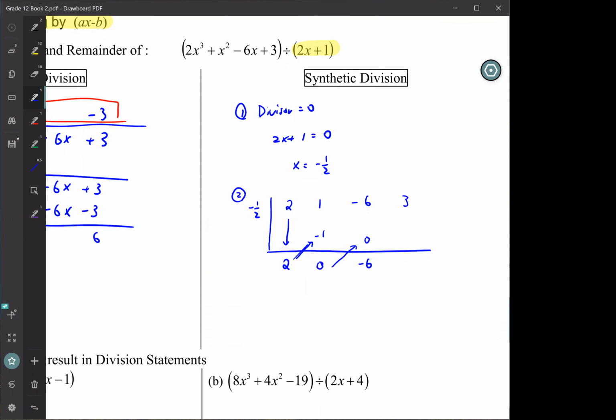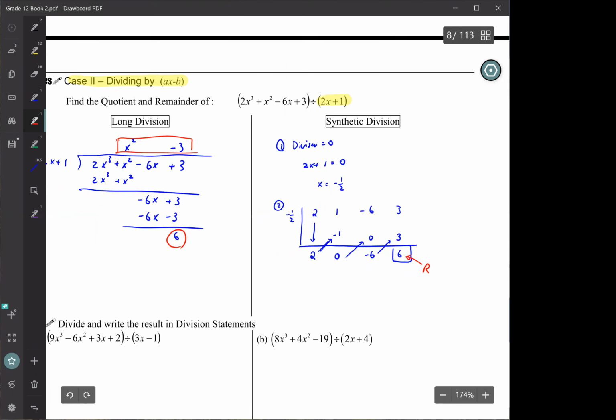Finally, if we multiply negative 1/2 and negative 6, that gives you positive 3. Add together, you get 6. The last number is the remainder. As you can see on the left side, you also get the same remainder, so the remainder matches.